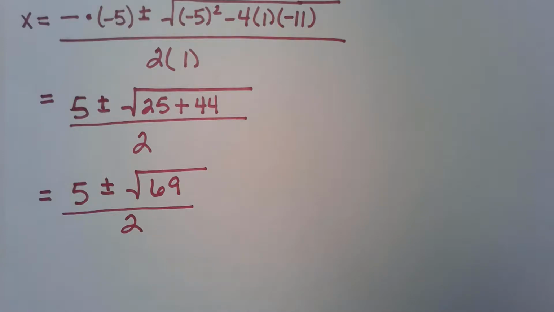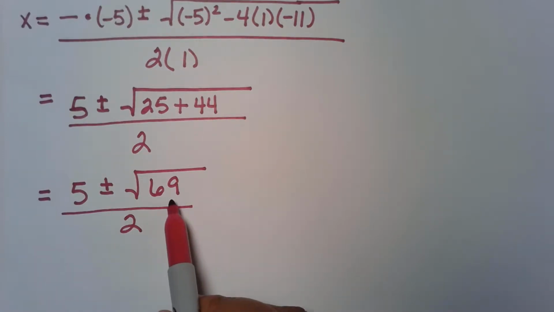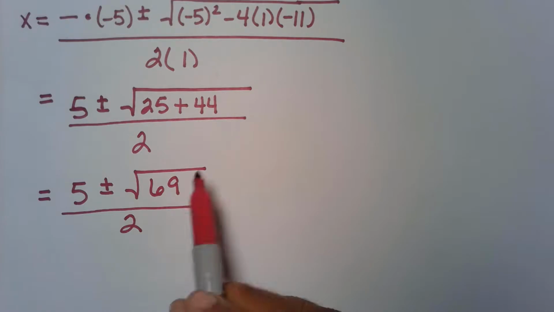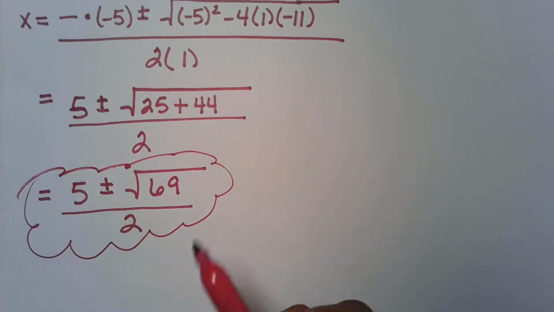It's 169. So 69 is not a perfect square, and there's nothing that we can do to 69 other than keep it under the radical sign. And this is our solution: 5 plus or minus the square root of 69 all over 2.